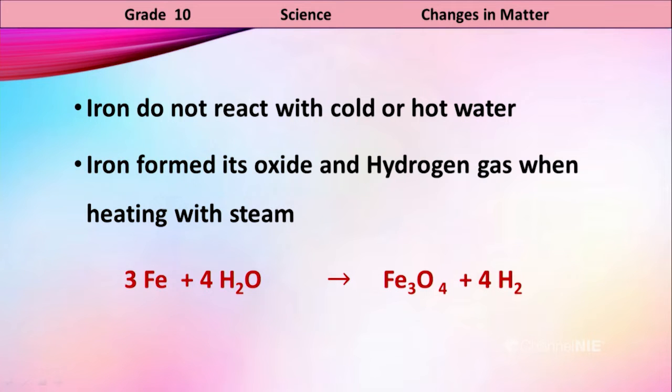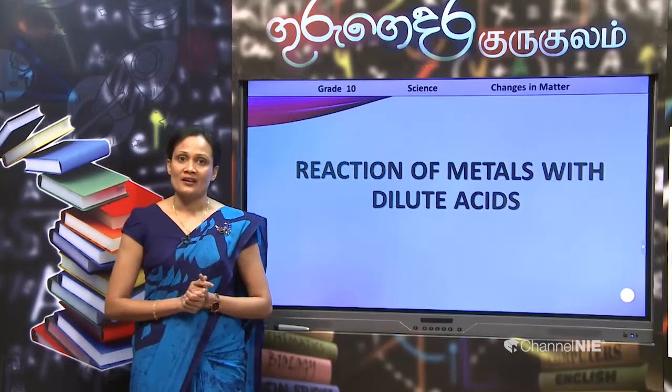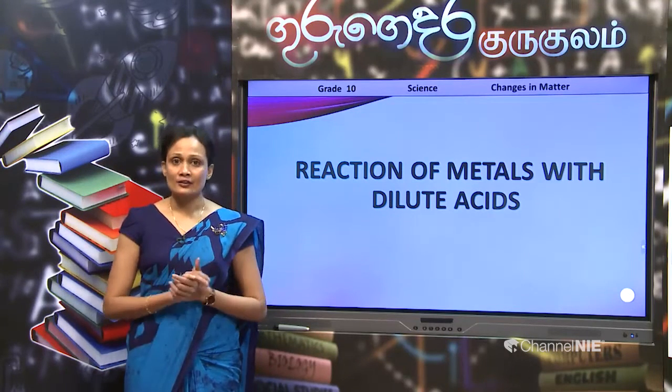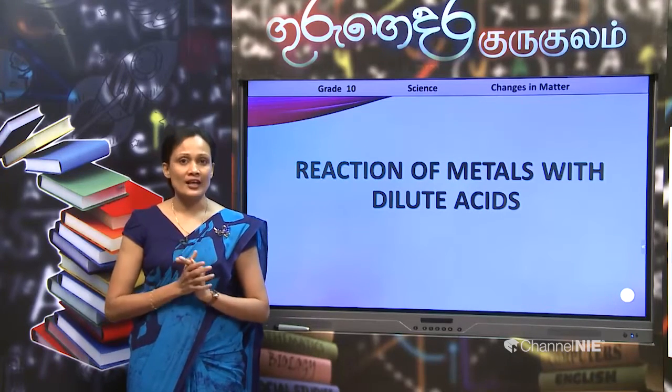Iron reacts with steam and forms its oxide and hydrogen gas. By using these reactions, we can identify how metals react with water. Metals do not react in the same manner with water because their reactivity is different.